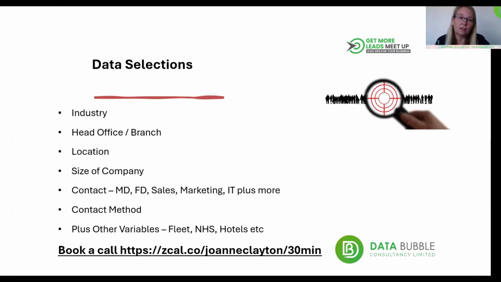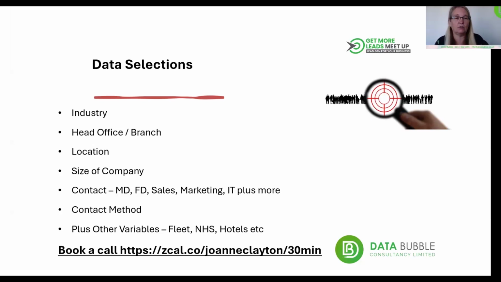Size of company, number of employees. On LinkedIn, you can say the number of employees is between 1 and 10, 10 to 50, 50 to 100, 100 to 1,000. They're quite rigid with regards to the selections, whereas if you use a list company, you can select 3 to 7 employees or 25 to 100 employees.